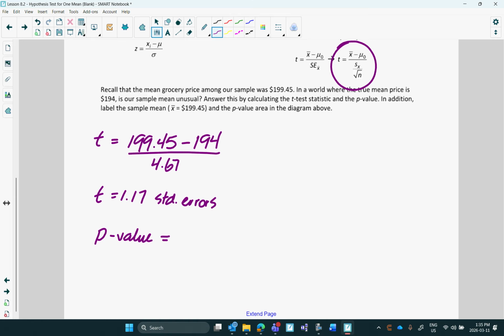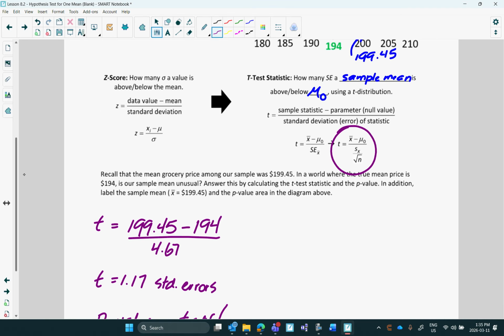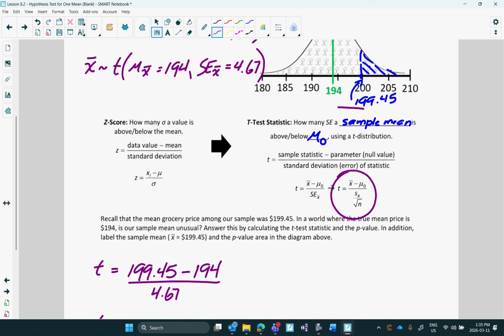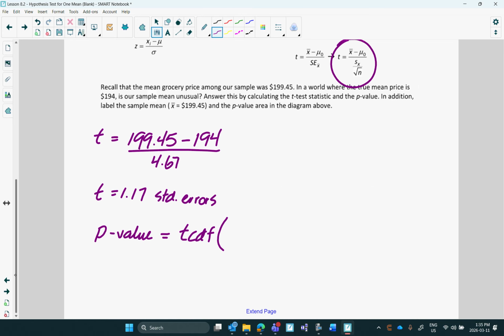Okay? So to find the p-value, this is where we have to use a normal calculation, but remember we're dealing with means. So we're not using normal anymore, we're using t-CDF, not normal CDF. We now know that this is 1.17, right? So therefore, our lower value is 1.17.